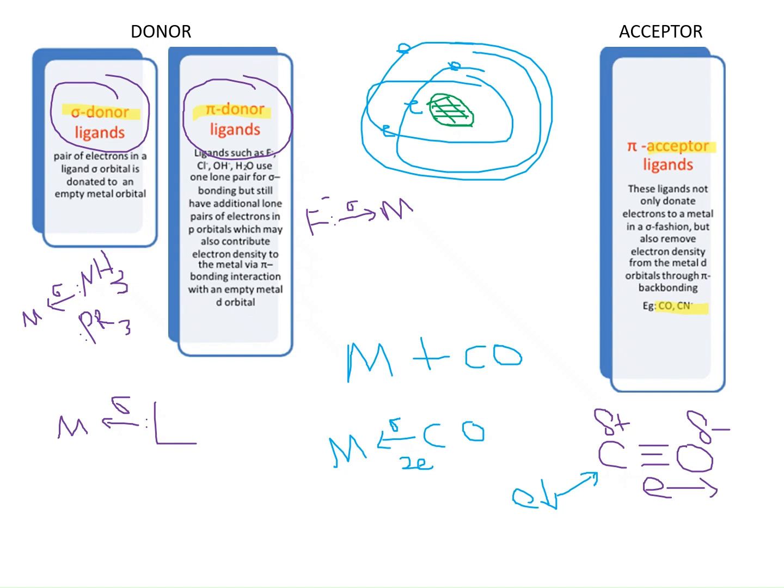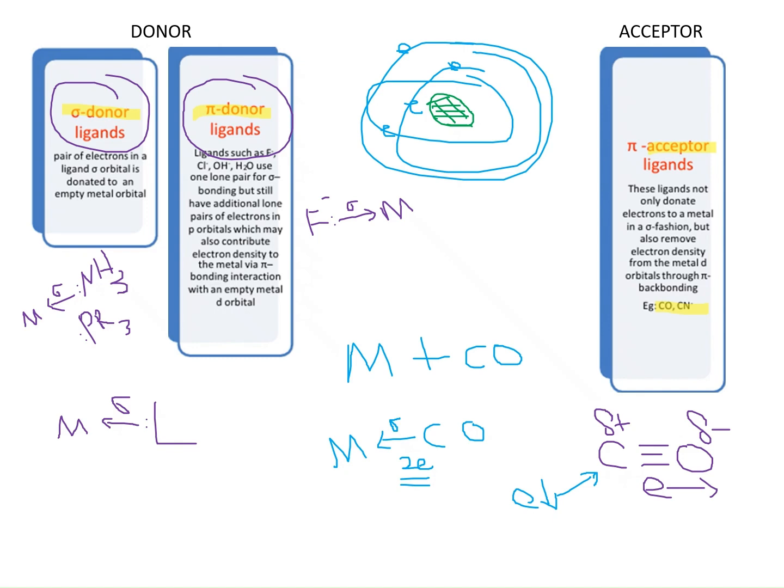Some of them have very low numbers of electrons in their d orbital, some have quite a few, and some have a higher number. Remember, these 2 electrons contributed by the carbon in carbon monoxide to the metal are going to be placed in the d orbital of the metal.